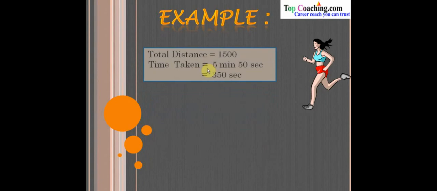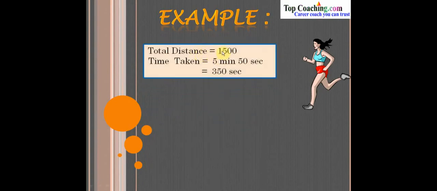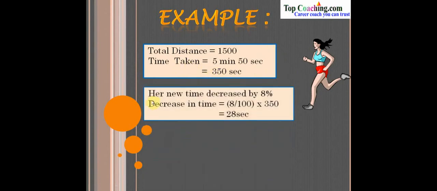So total distance is equal to 1500 and the time taken is 5 minutes 50 seconds, which is equal to 350 seconds. We convert the minutes into seconds, and so we get the total time taken to be equal to 350 seconds. Now her new time decreased by 8%, given that through practice she decreased her time by 8%.